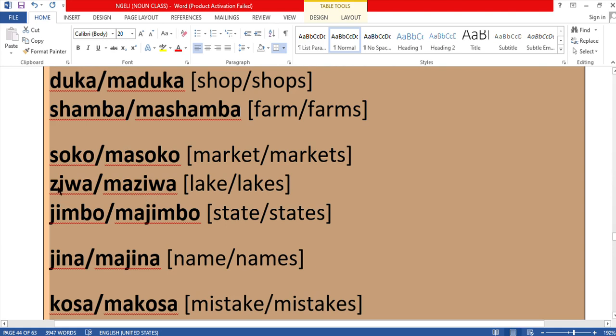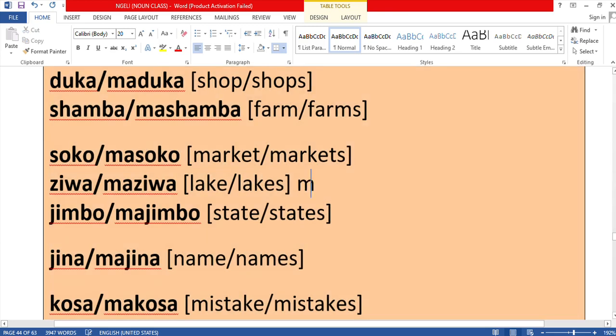Now here, ziwa means a lake. Maziwa means many lakes. But maziwa here also means milk. The milk takes the formation of the nouns in this category but in plural form.